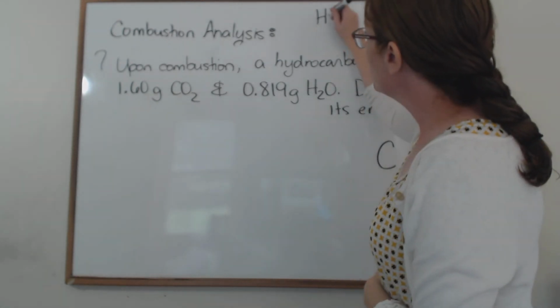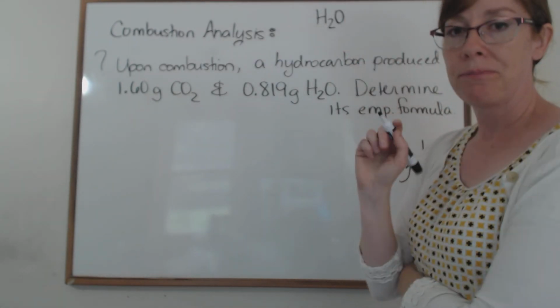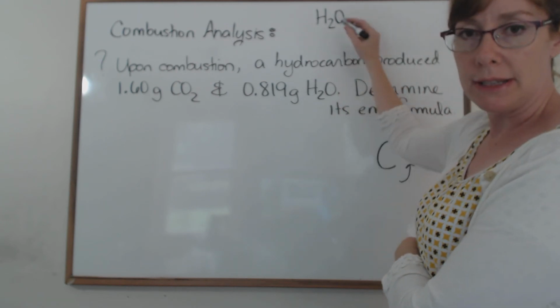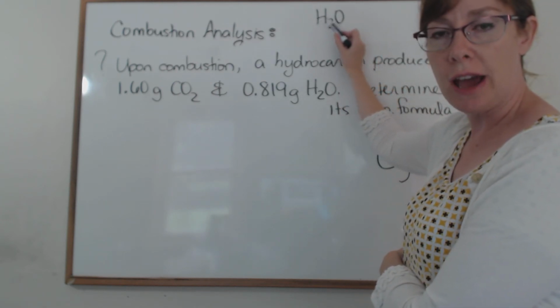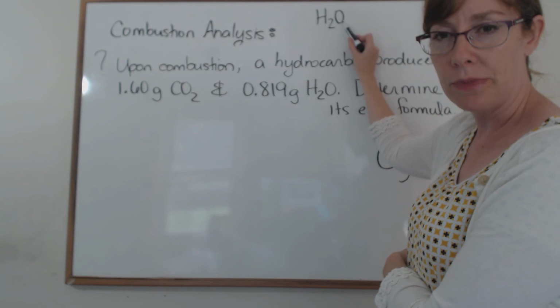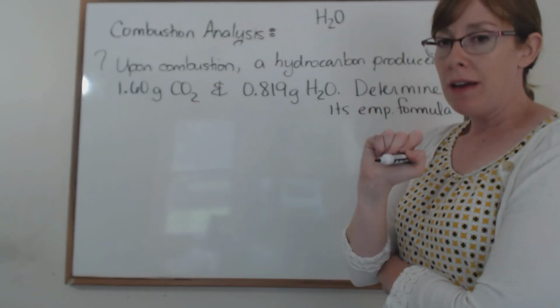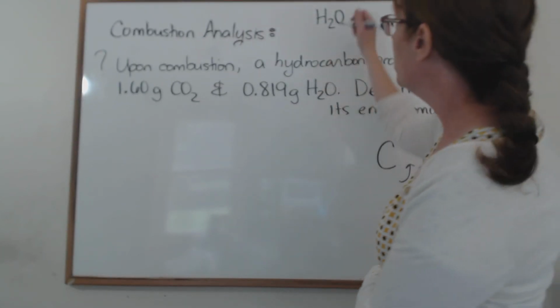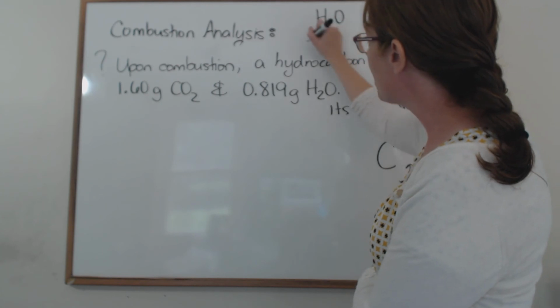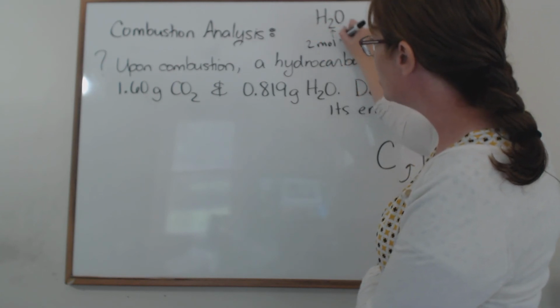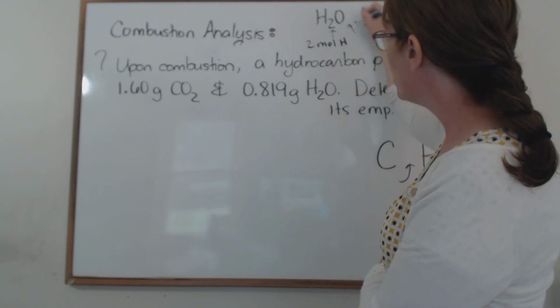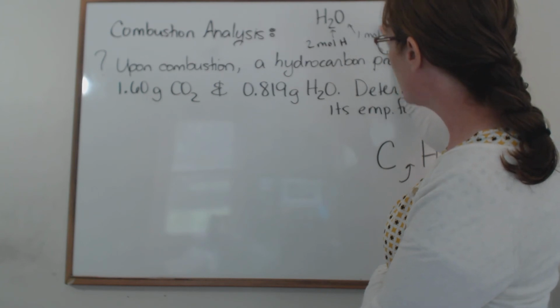When you are looking at the subscripts of a formula, it is perfectly appropriate to say, okay, there's 2 hydrogen atoms and 1 oxygen atom. However, it's also true that another way scientists think about this is that there's 2 moles of hydrogen atoms for every 1 mole of oxygen atoms.